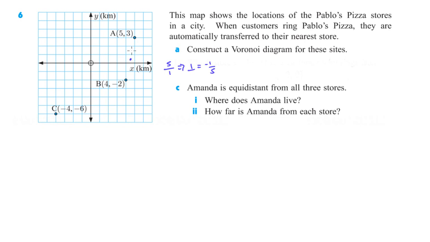So we're going to have to go up 1 to the left 5. 1, 2, 3, 4, 5 to right there. And we can go up 1 more and over 1, 2, 3, 4, 5 more to get that point there. So then we can draw ourselves a nice line here that goes through all of that. So there's our edge that goes between A and B.